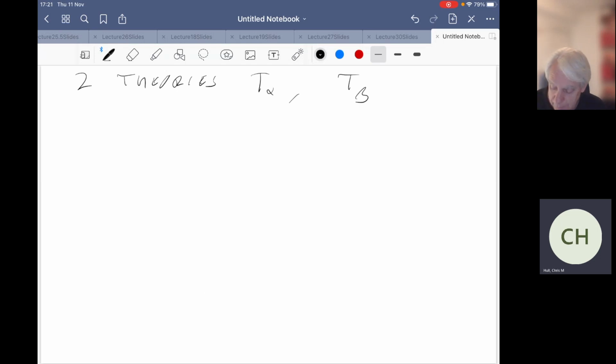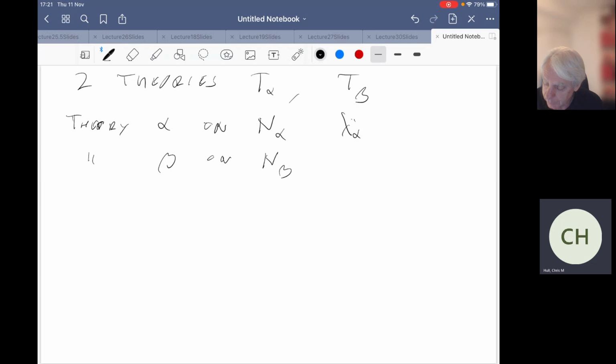Each of them is defined by some string theory alpha, which might be any one of the 5 superstring theories, compactified on some manifold n alpha, and another string theory, which may be the same as the original one, or it might be a different one, compactified on some other manifold n beta, and we'll have some coupling constants lambda alpha, which are the coupling constant of the original string theory and the corresponding moduli, and another set lambda beta, which is G beta, mu beta.